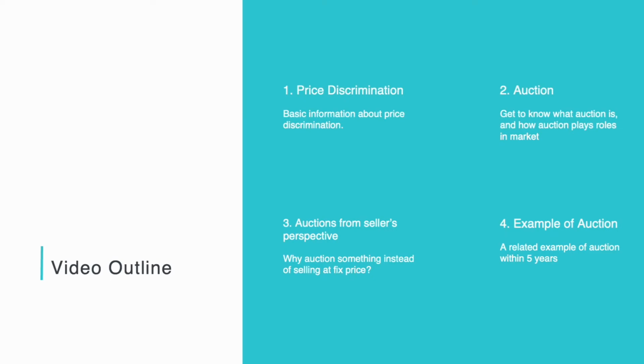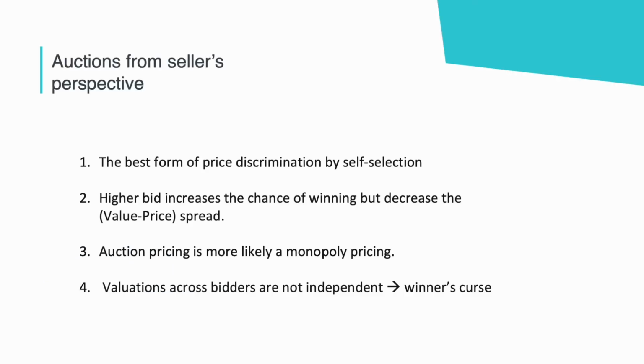So why is auction more likely a type of price discrimination by self-selection? Well, let us get to know what the auction is like from the seller's perspective. First of all, during the auction, it is totally controlled by the buyers themselves, whether they want to bid or not, and how much money they would pay for the items, which indicates the same logic that auction is charging different prices for the good with a reserve price, and that means the lowest price the seller is willing to sell an item for.